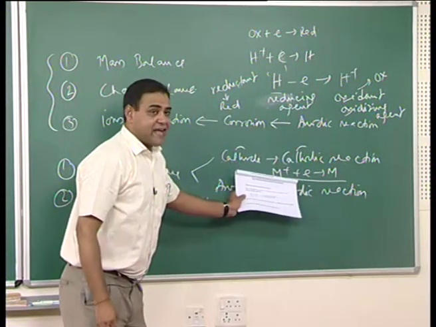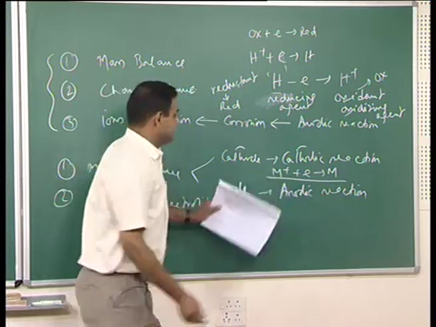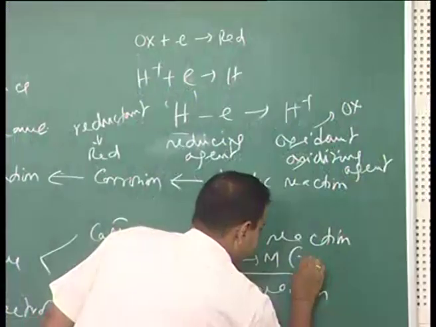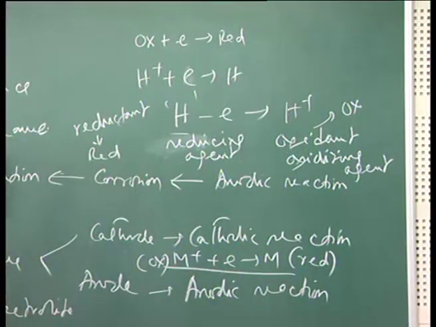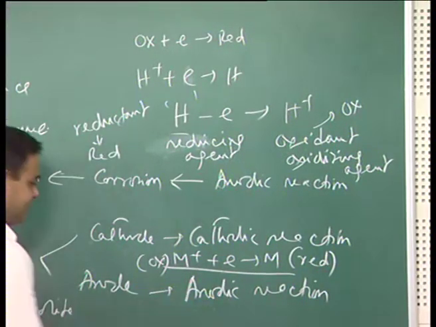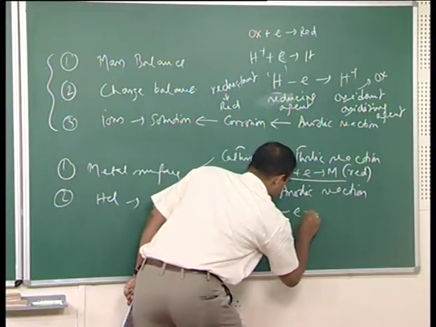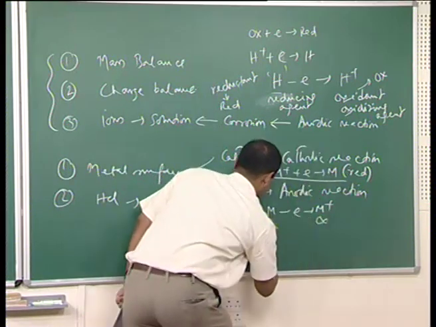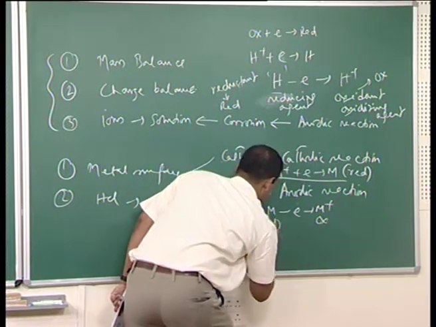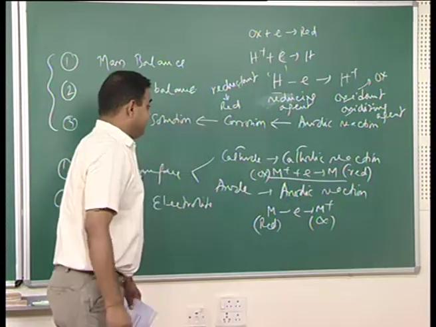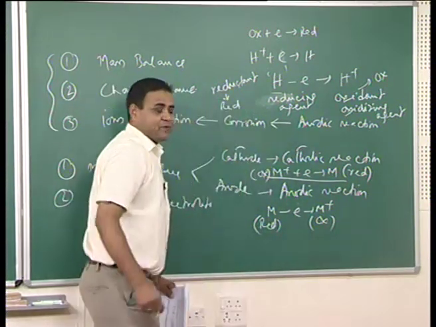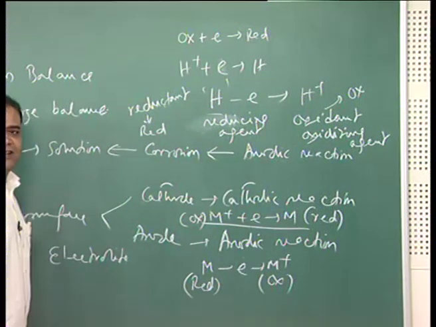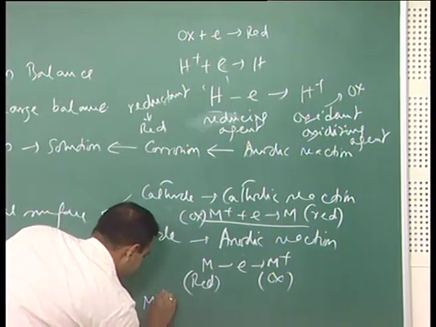Now for the cathodic reaction, this is ox, this is red. And the other reaction here, this is ox, this is red. Now if you combine these two, what would happen? Those two electrons will get cancelled.